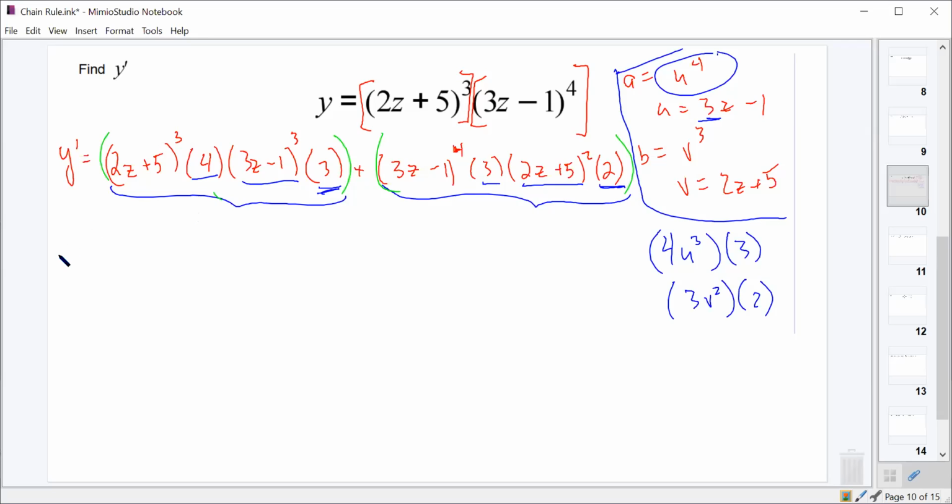So we could say 6, right? What else do they have in common? Do they both have some form of a 2z + 5? Yeah. So they have a 2z + 5 to what power in common? 2. Yeah, to the second. And do they have a 3z - 1 in common?